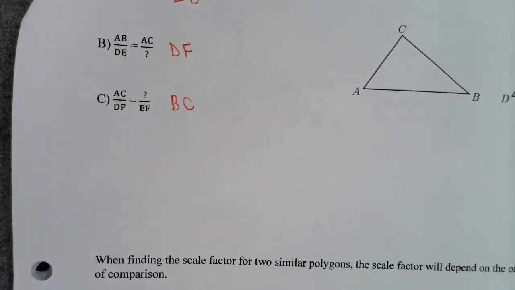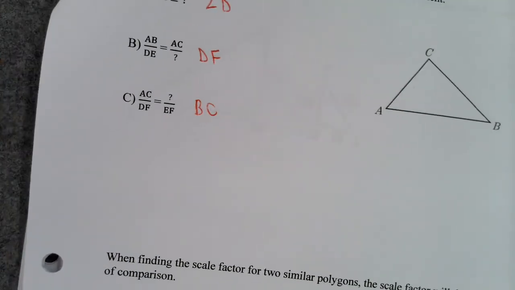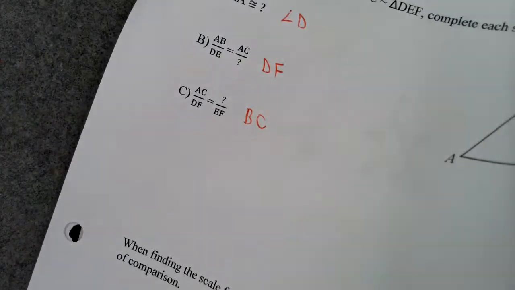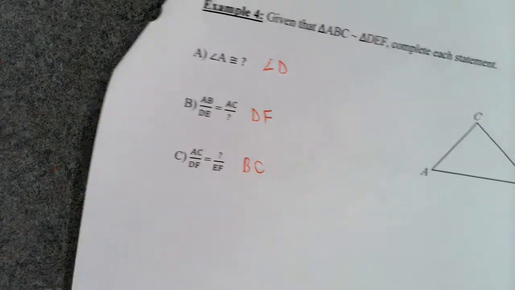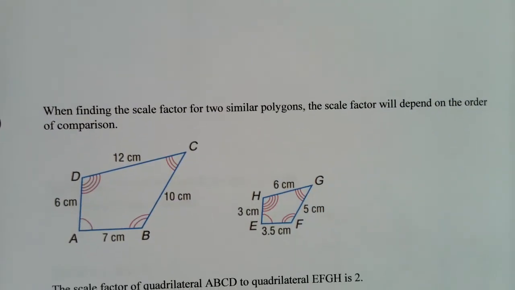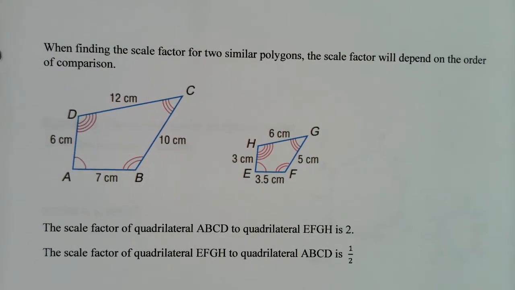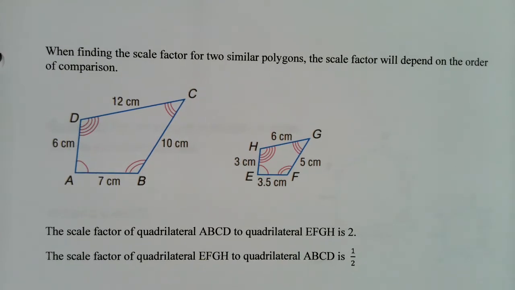All right. So like I said before, I believe this is a long lesson. It's 6 pages. And we're on page 4 still. We're going to talk about a scale factor. Now, we talked about scale factors when we did dilations. When finding the scale factor for 2 similar polygons, it will depend on the order of comparison.